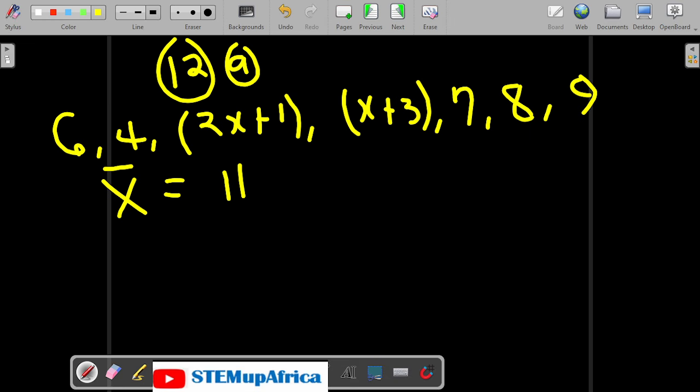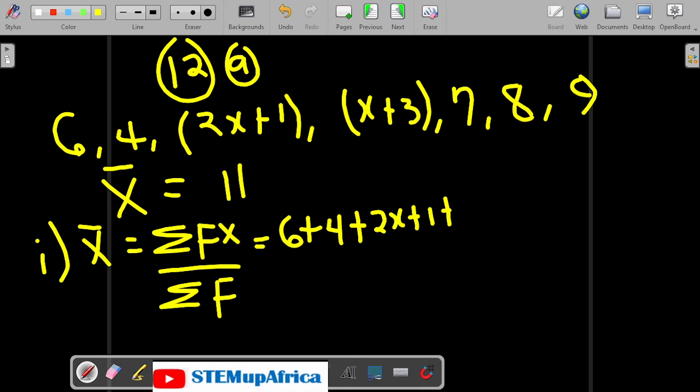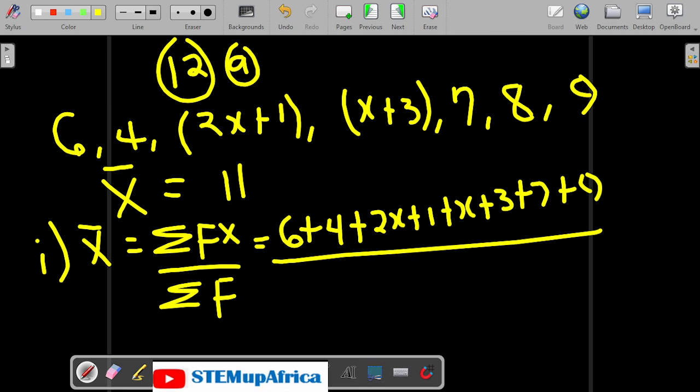So I have Roman figure 1. x bar is summation fx over summation f. That means I have 6 plus 4 plus 2x plus 1 plus x plus 3 plus 7 plus 9 over the total number of items. Let's count: 1, 2, 3, 4, 5, 6, 7, over 7 is equal to my x bar, which is 11.